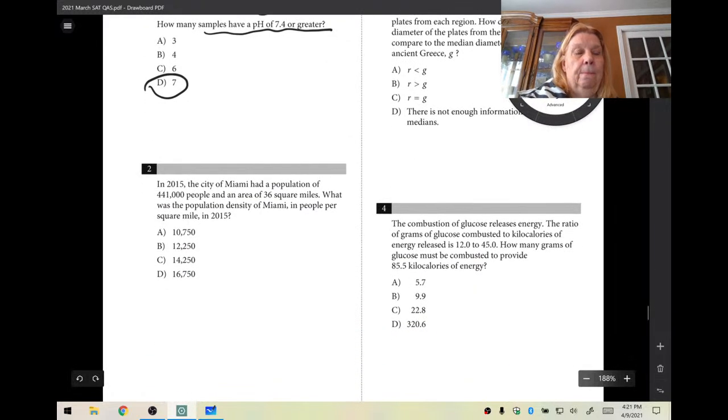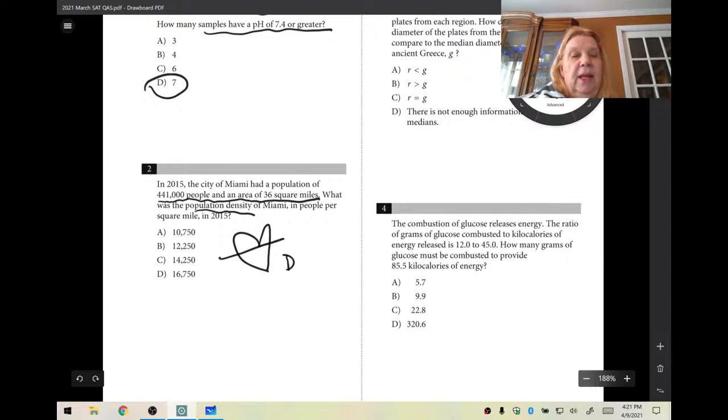Number 2, in 2015, the city of Miami had a population of 441 people in an area of 36 square miles. So we want the population density. So remember our I love density.